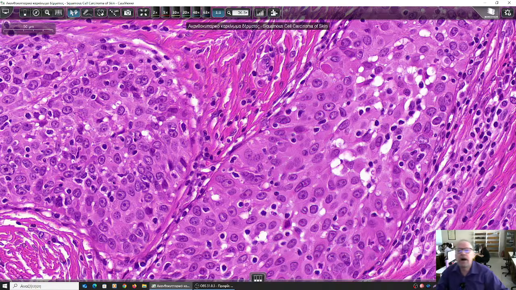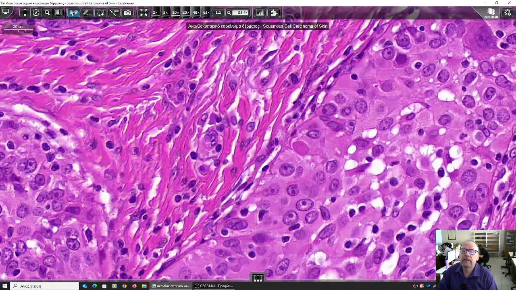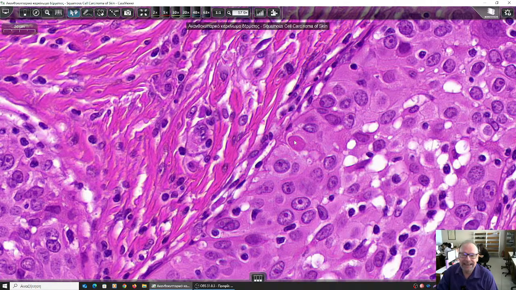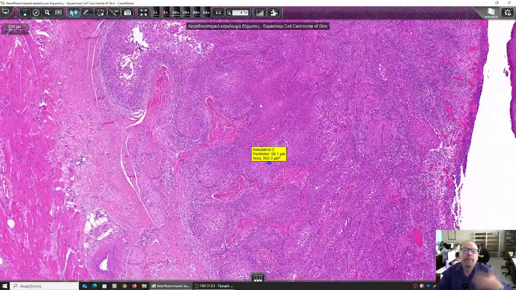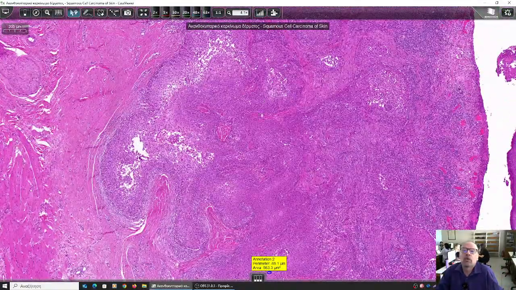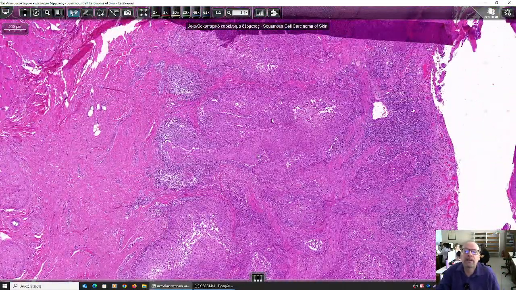Yes, and there are some other signs of squamous differentiation, like this one here. You see, this is a single cell which is keratinized. That means it has entered the apoptotic process, and we no longer see its nucleus. So this is dyskeratosis. This is some sort of keratinization without showing the pearls of keratin that we would expect to see in a squamous cell carcinoma.